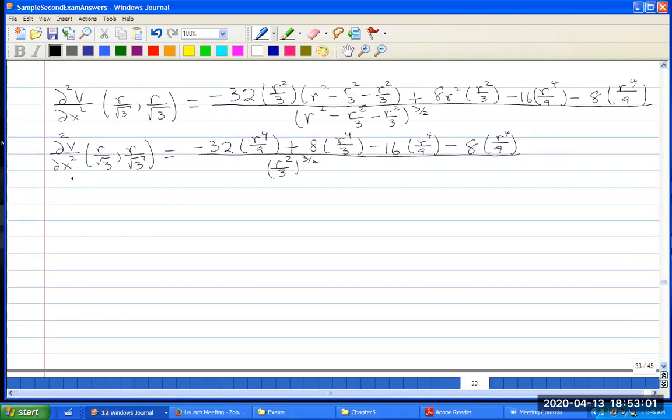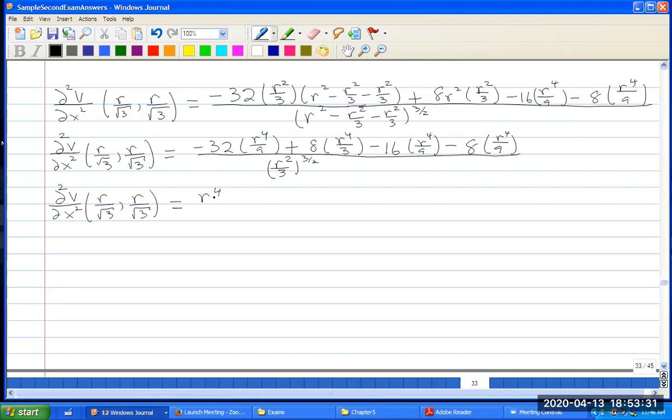So this is equal to, let's bring an r to the 4th over 9 out.